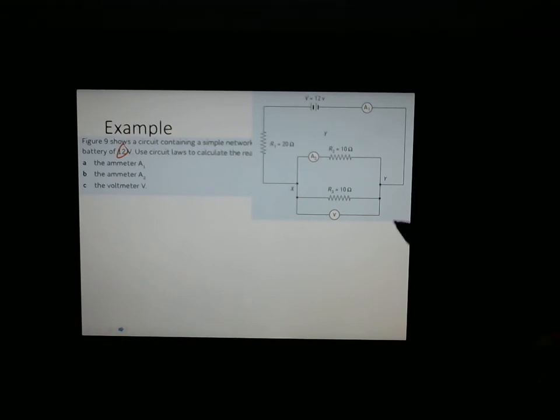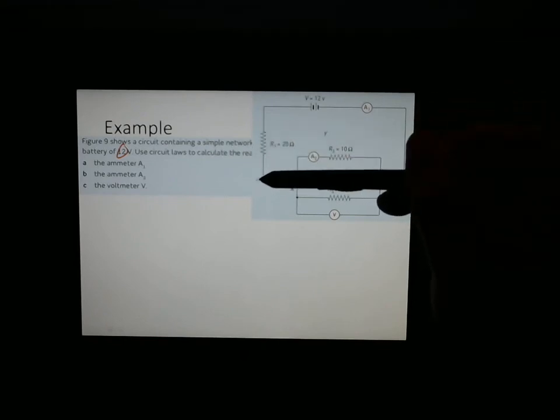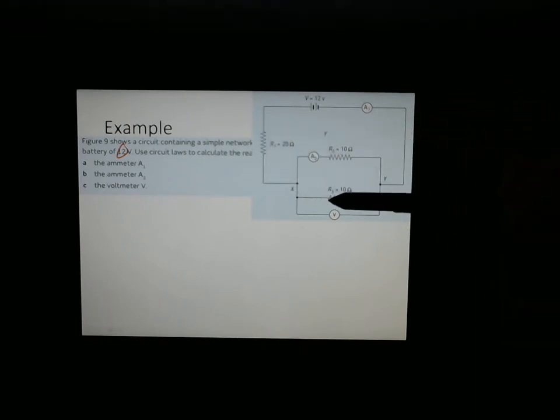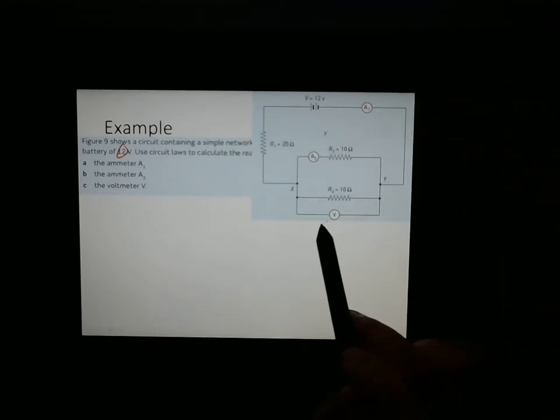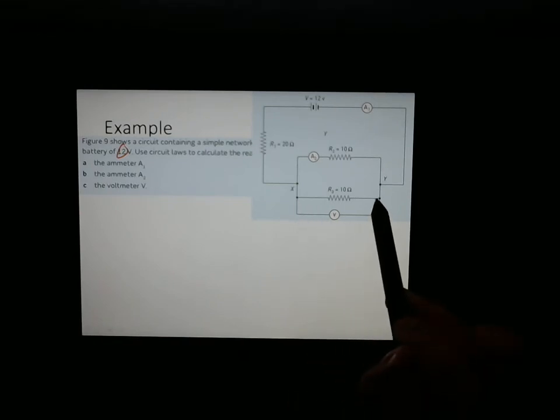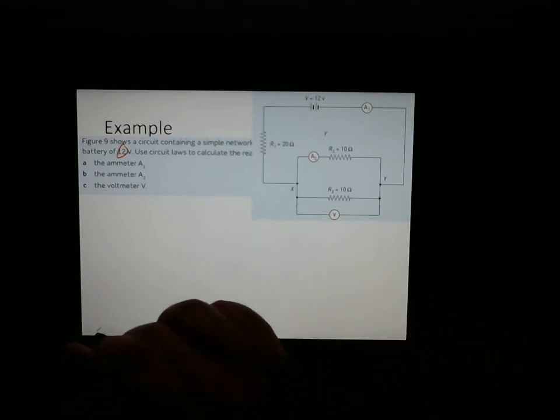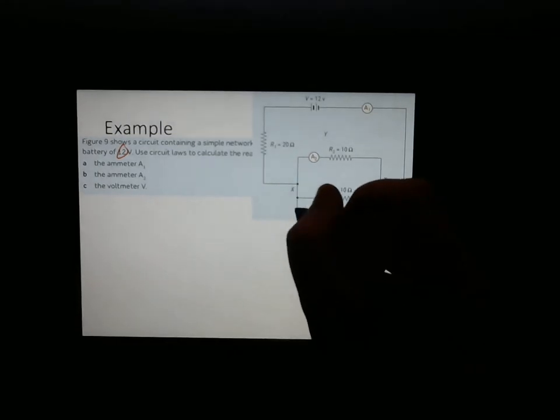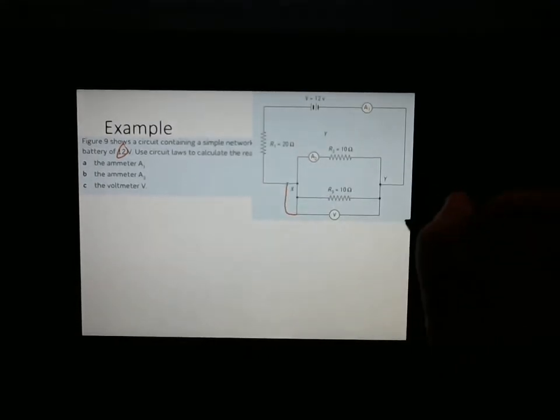Okay, so here's our voltage. It's going to go this way through resistor 1, get down to here, split up. The fact that the voltmeter here is connected to here and here really doesn't matter. They could have drawn it connected to here, and it would have been the same thing. It just tends to get drawn like this to keep things neater and simpler looking.